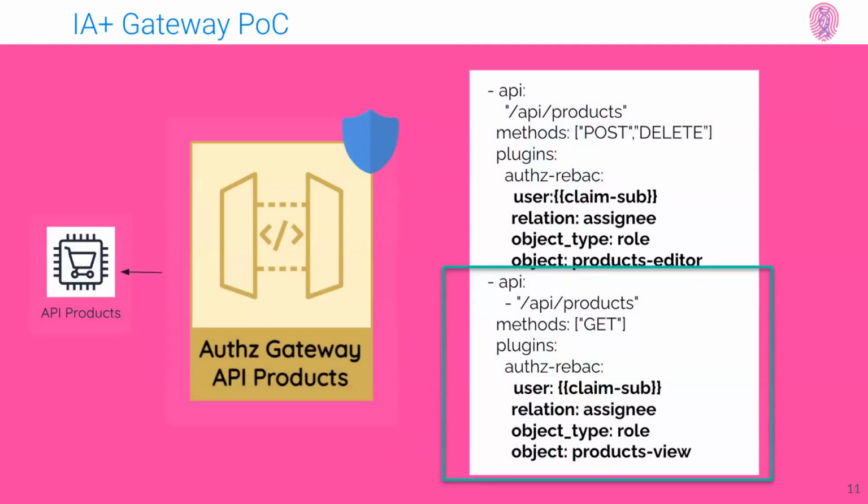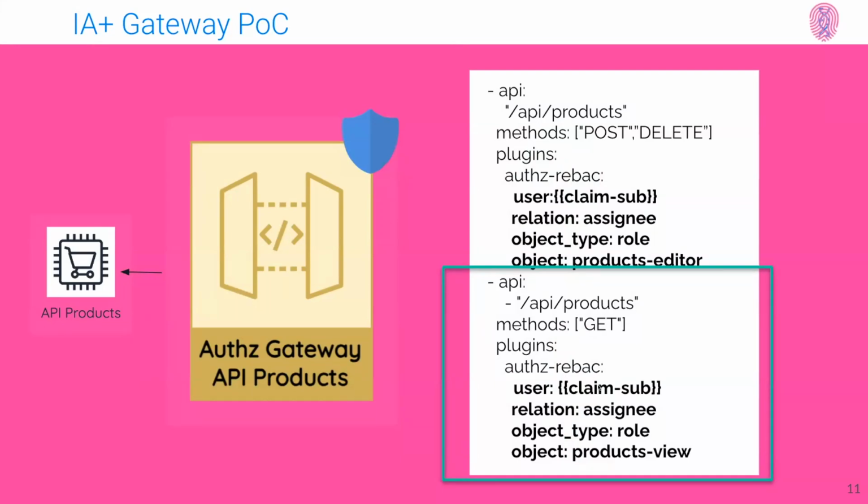This is how you define the ReBAC policies in the API gateway. And again, for me, it's quite easy to follow, because here you say that if the user wants to view product, which is basically a GET over the API product path, then the API gateway goes through the authorization with this plugin, which is the authorization ReBAC or authorization of API.